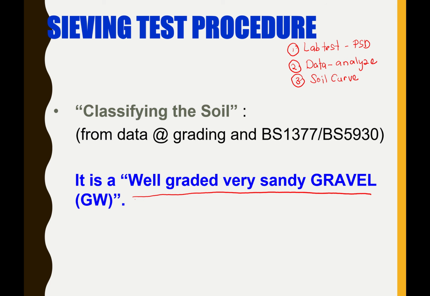Next, from the curve, there are two important pieces of information for you to calculate: the value of Cu and the value of Cg. And from the soil curve, you want to know the composition of your soil, based on how many percent of gravel, how many percent of sand.